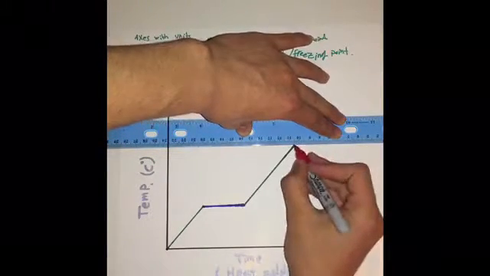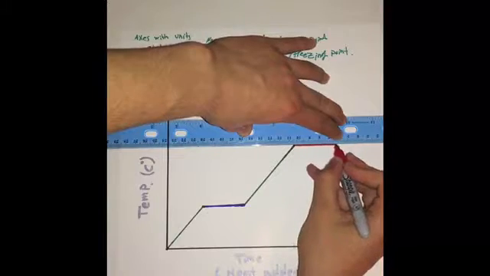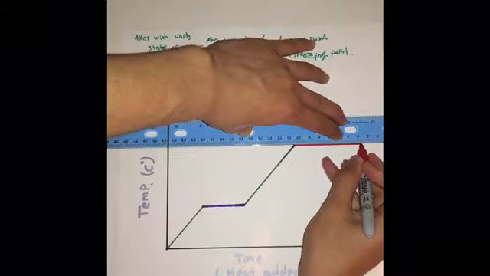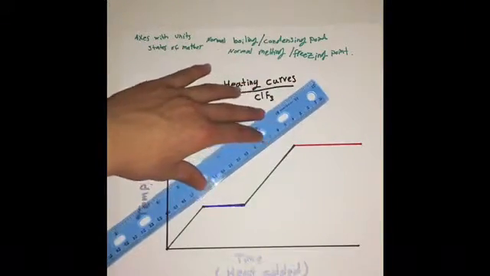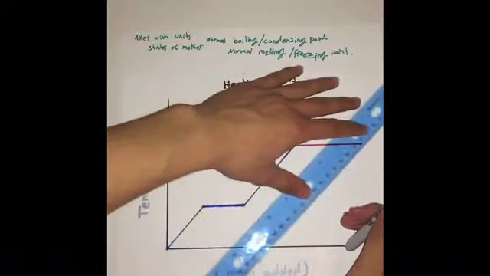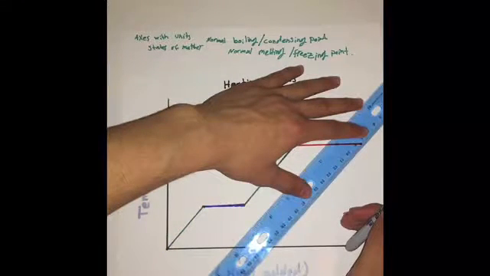And then going into the final change, which is the normal boiling point, which for ClF3 is 11.75 Celsius. This is where the liquid and the gas are mixed together. It's still a mixture of liquid and gas.